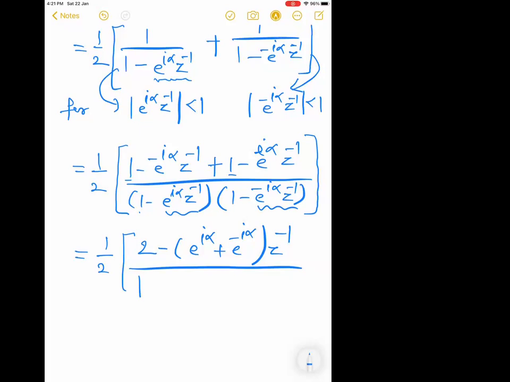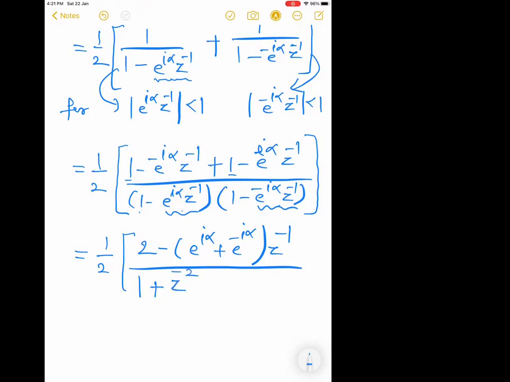What do you get for these two terms? Plus e raised to I alpha into e raised to minus I alpha means indices get added, raised to 0. e raised to 0 is 1 and z raised to minus 1 and z raised to minus 2.